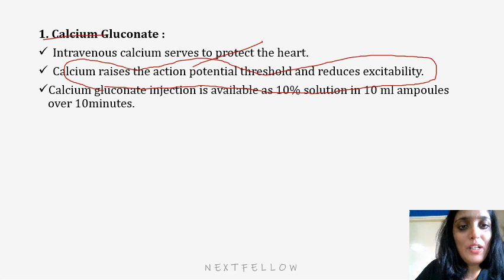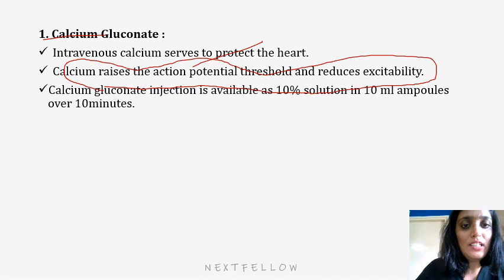So what calcium will do is it will raise the action potential threshold, so more stimulus is required for generation of action potential. Thereby, it reduces the excitability of the heart.